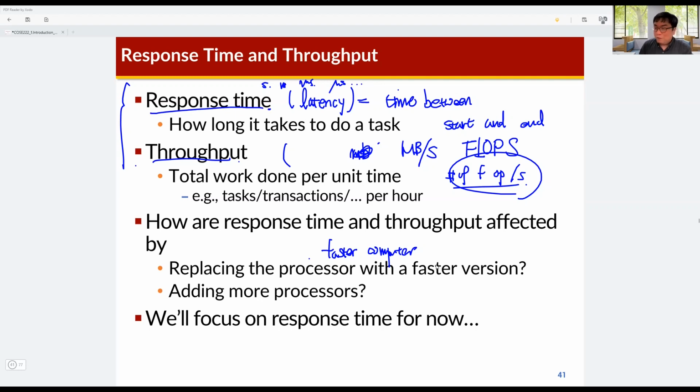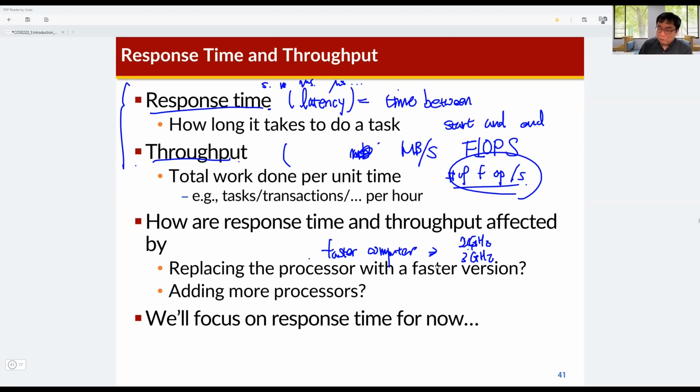A faster computer means the computer which has a faster clock, like a 2.0 gigahertz clock or 3 gigahertz clock, 2.4 to 3 gigahertz clock.